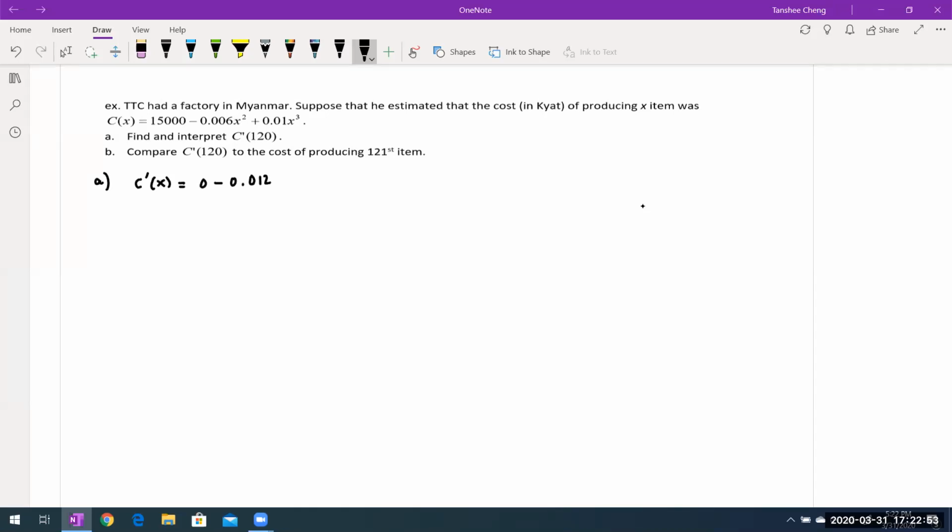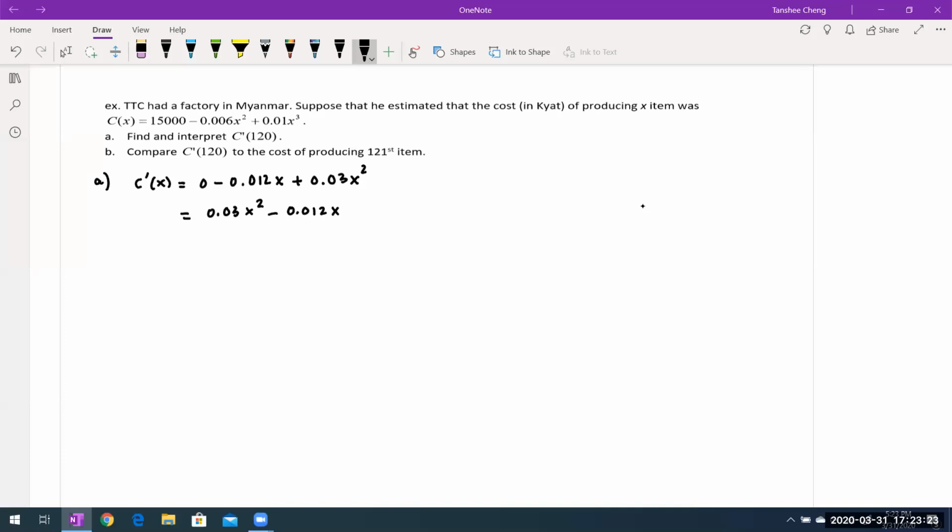When you take derivatives, you bring down the power and multiply it out, and then minus 1 from the power, and then plus, and the last part is bring down the power, so 0.03 x to the second power. So simplifying a little bit, that gives us 0.03 x to the second power minus 0.012 x.